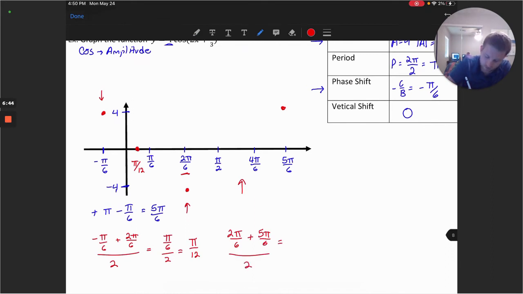So this will be 7 pi over 6 divided by 2, or 7 pi over 12. So this is our midway point, 7 pi over 12. So 7 pi 12ths is right in between here.